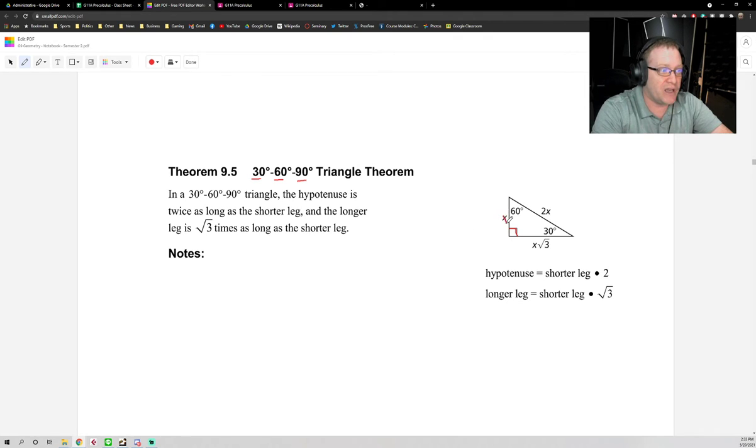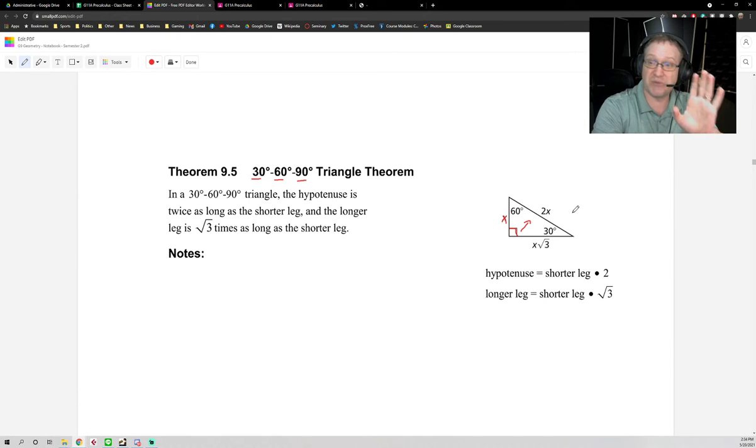Now, what is special about this triangle? Well, we know that if the short side is X, all right, then the long side, the hypotenuse, is always going to be 2 times X. And then this other side, the other leg, the longer leg, is going to be X times the square root of 3.